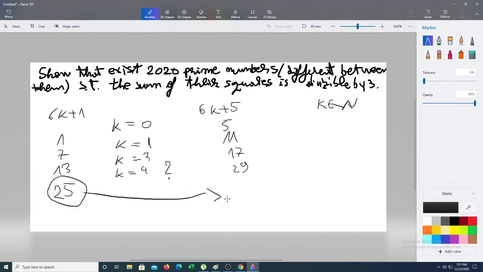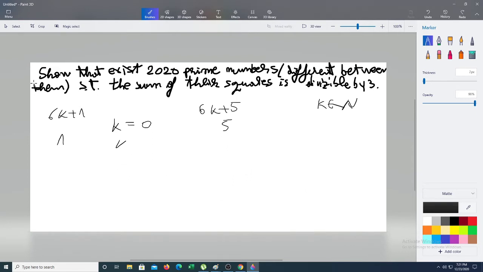Okay, we also know that 25 is 5 squared. But I promised to you that these are single forms that cover approximately the whole set of the prime numbers. Yes, I said approximately, not the whole, because 25 is a composite number. With this observation, we can write our problem.